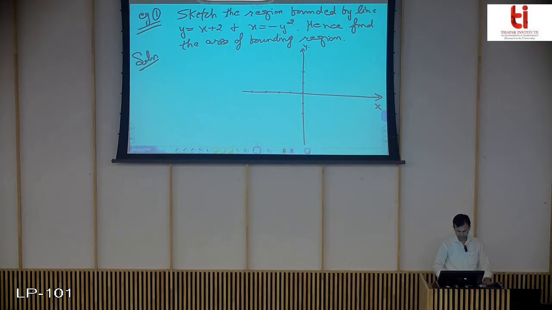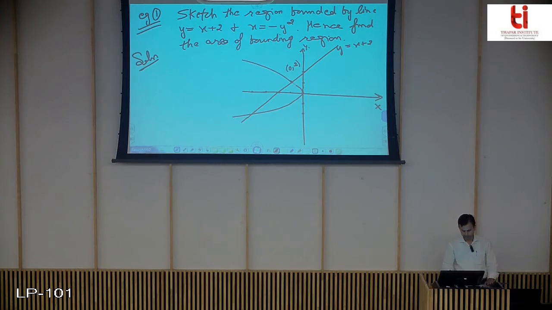So it goes something like this; this is the line y equals x plus 2, passing through 0, 2. Again, you have the parabola x equals minus y square, and that lies on the left side of your y-axis. It will go like this. Let me just give it some shape.